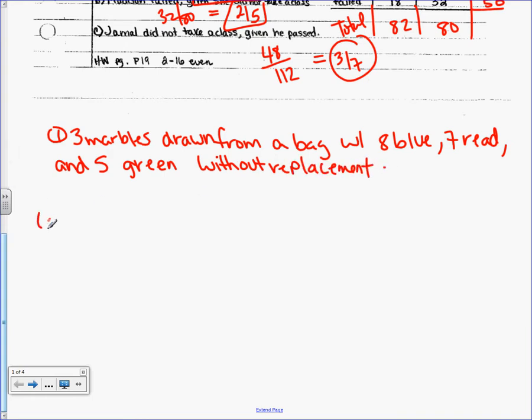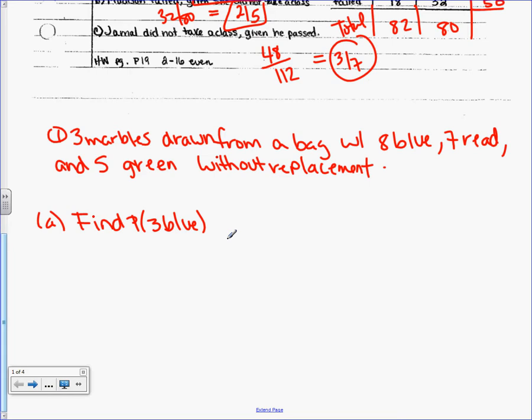Okay? Part A, I want you to find the probability of 3 blue. We'll start there. So 3 marbles are drawn from a bag with 8 blue, 7 red, 5 green without replacement. That matters. Okay? Find the probability that we get 3 blue marbles.